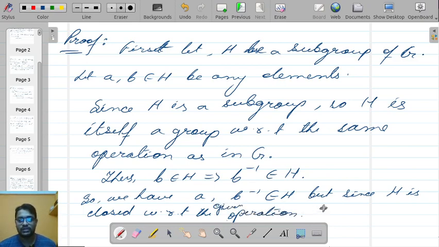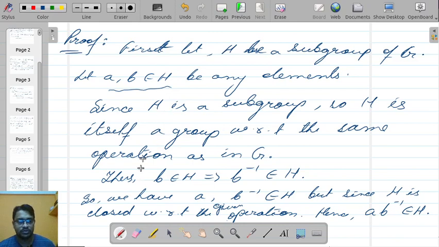So what does it mean? Hence A B inverse is an element inside H. So this is what we have proved. We started with two elements of H, and we have shown that A B inverse belongs to H. So the first part is proved.